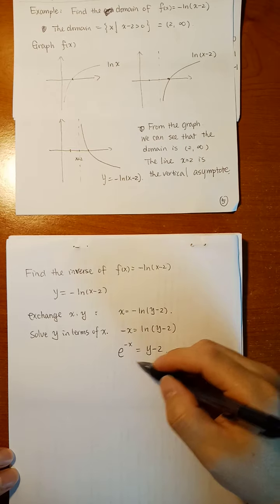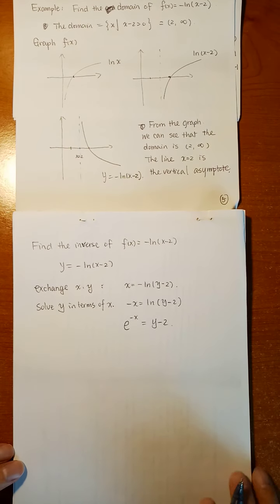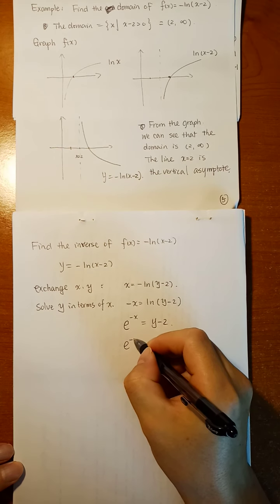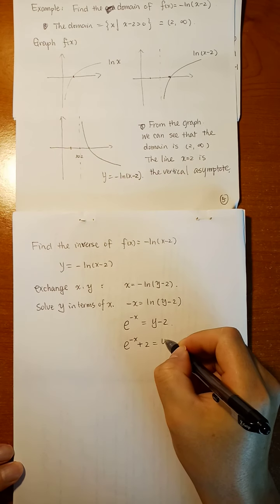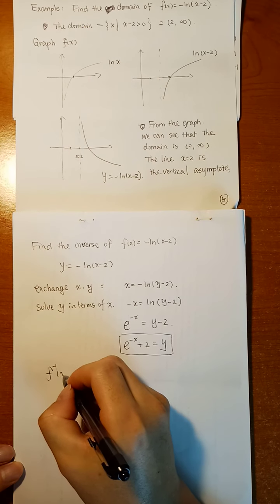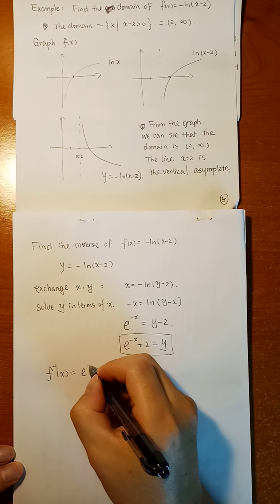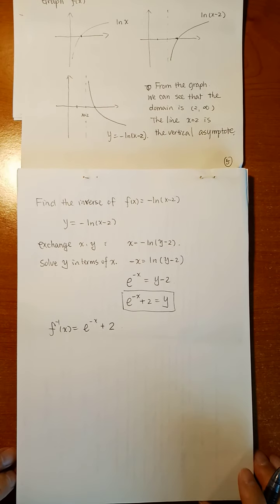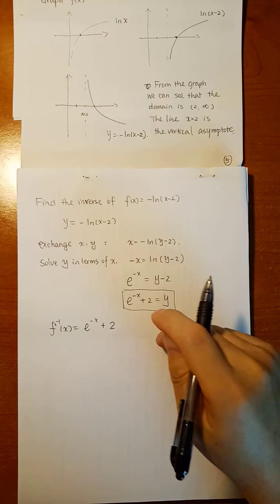Then you move 2 to the other side. So e to the negative x plus 2 is equal to y. So f inverse of x is equal to e to the negative x plus 2.